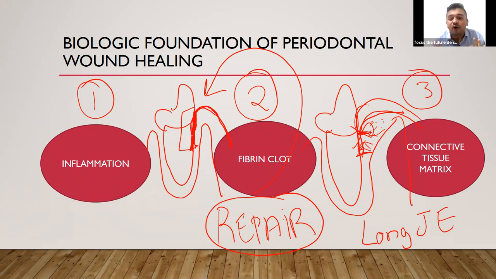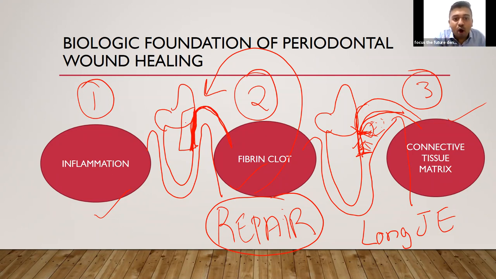And that results in the formation of your long junctional epithelium. Okay, now the second situation is when all these conditions, that is your inflammation, fibrin clot, and connective tissue matrix, are ideal, and the epithelium is somehow not reaching that site first, and all the cells from the connective tissue matrix reach there, then you will get regeneration.